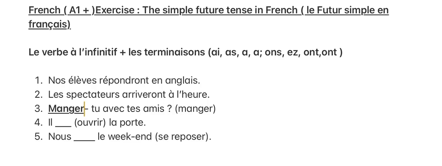Then we choose the correct endings with respect to the subject pronoun tu. So the correct ending would be es. Mangeras-tu avec tes amis? Will you eat with your friends? Moving on to the next one.